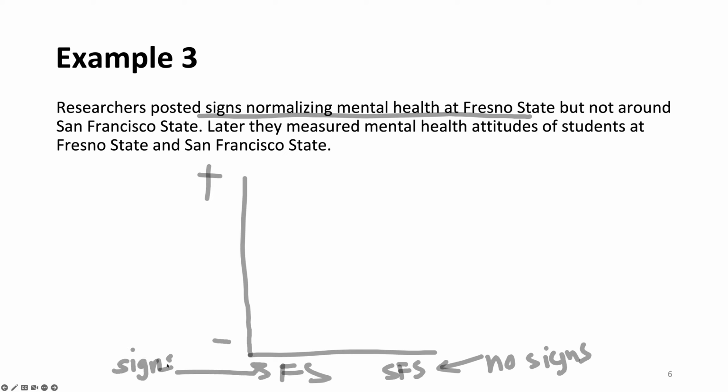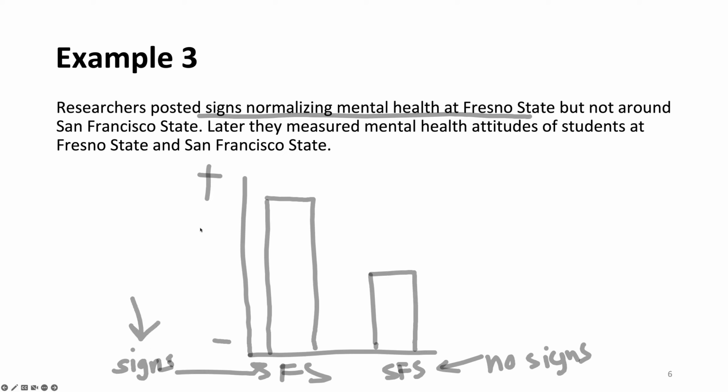So we would expect that Fresno State, if this actually worked, if this little intervention, if this test worked, we would think that Fresno State would have higher mental health perceptions or more positive mental health perceptions than San Francisco State. So what we want to see is if we have good internal validity, we would be able to say that we're pretty confident that it was actually the signs that created that difference, that caused that difference.